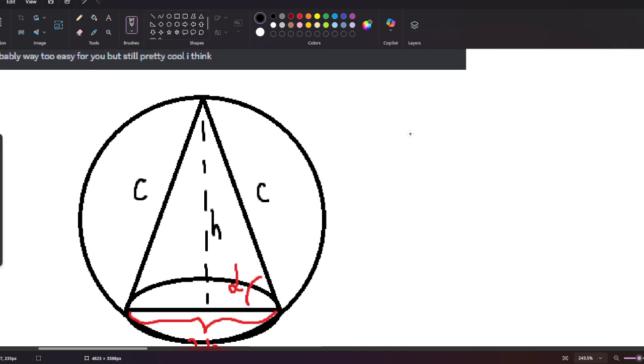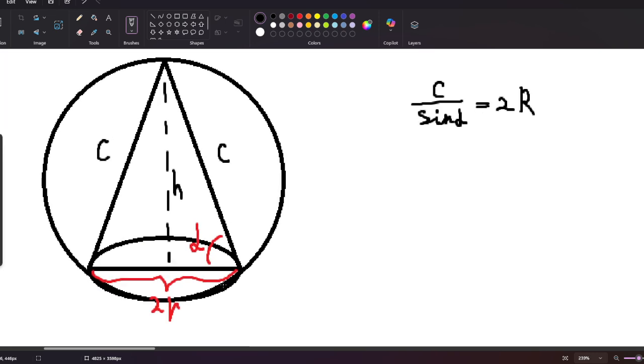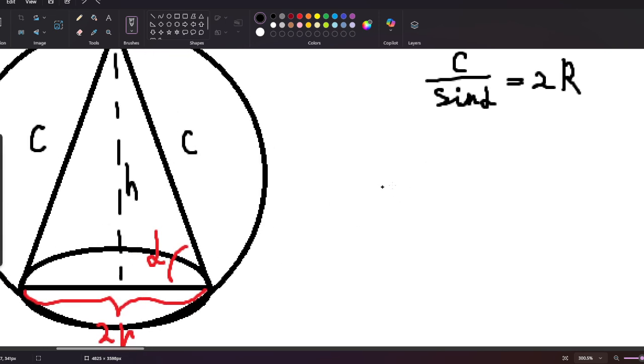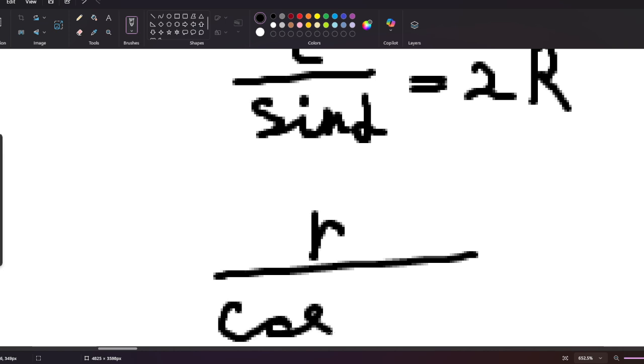So in this case, a handy one would be c over sine alpha equals 2 times capital R. Now, c can be easily described in terms of r tiny. That's going to be r tiny over cosine alpha. So it's going to be this.